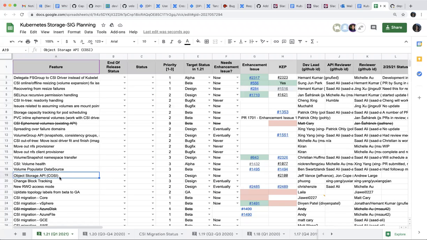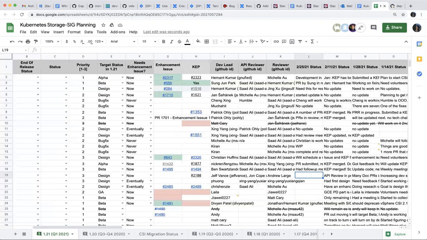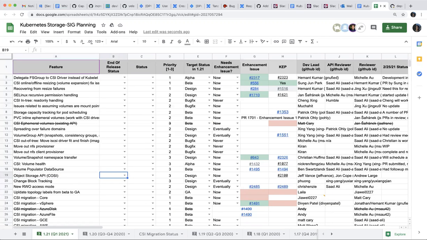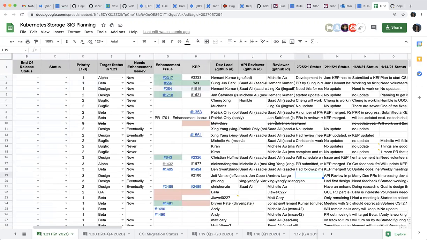Next one is Cozy. Do we have Srini here? No? Yeah, so I think the team reviewed it, and this is not merged in, the CAP is not merged in 1.21.